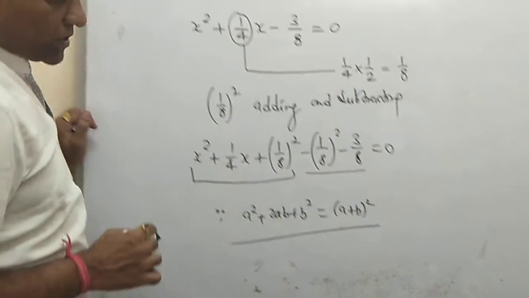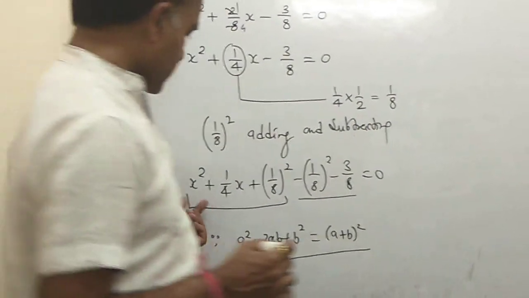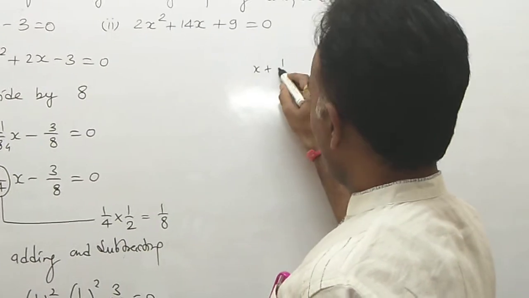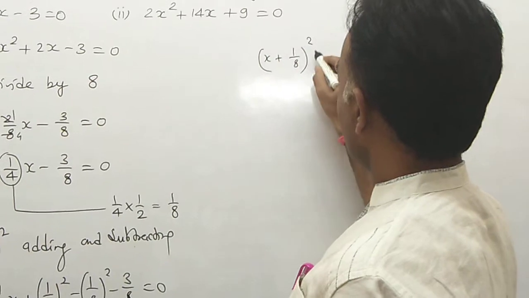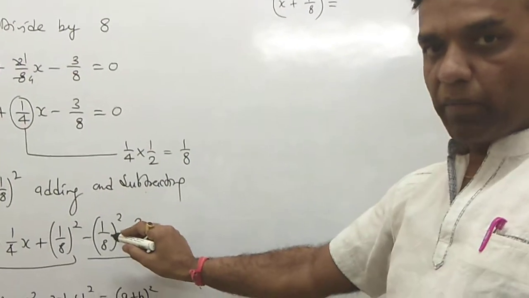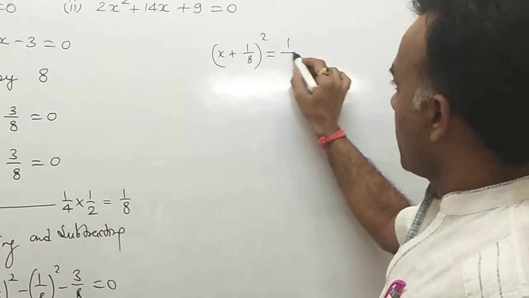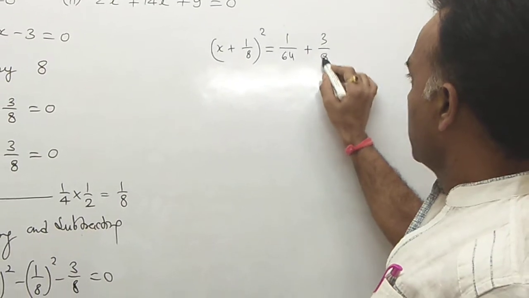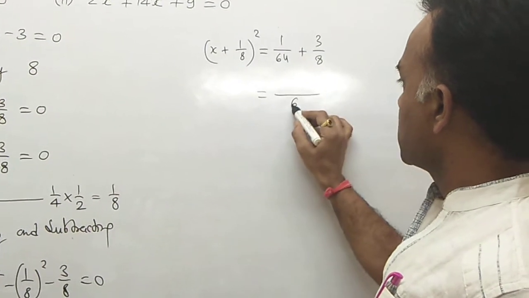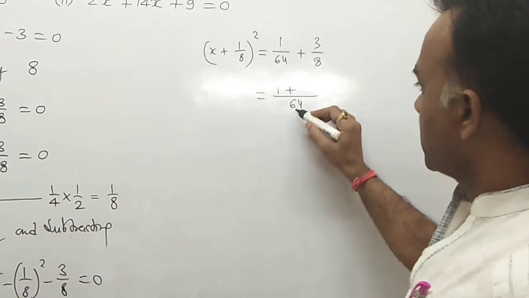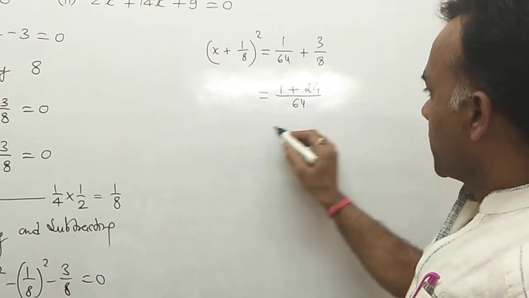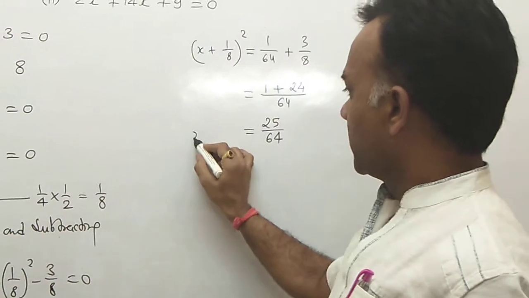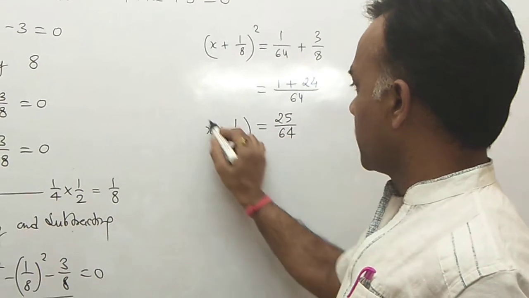Using this identity, the equation converts into a complete square: x plus 1 by 8 whole square equal to, on the right hand side, plus 1 by 64 plus 3 by 8, because the minus sign moves across. Taking the LCM as 64, 8 times 3 is 24, so after simplification we have 25 by 64. On the left hand side you have x plus 1 by 8 whole square.